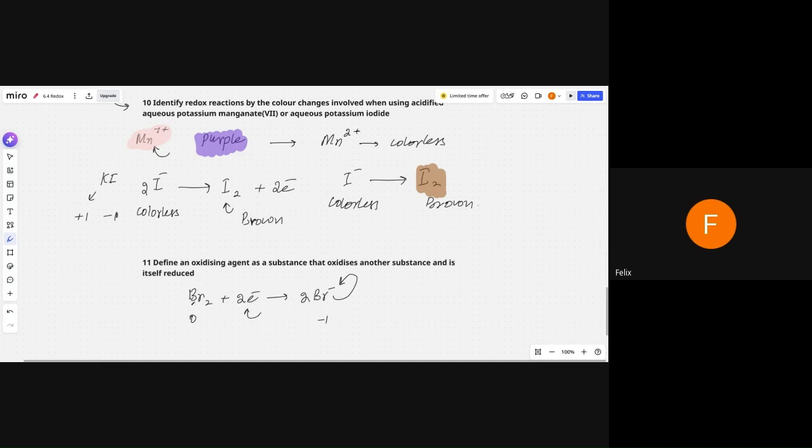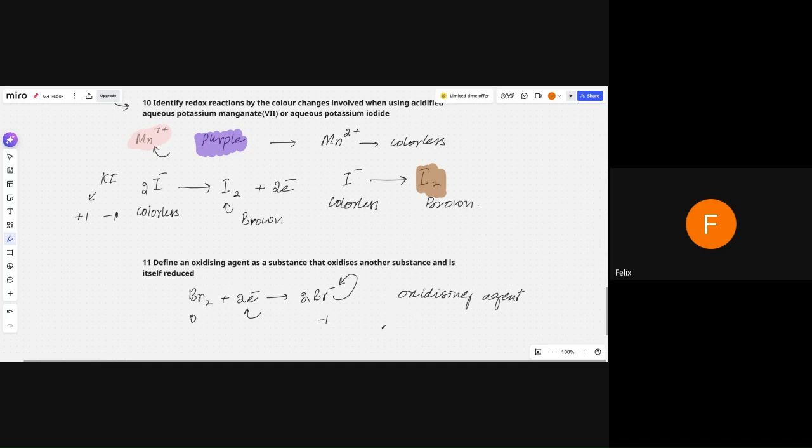So bromine helped that other species to become oxidized. We call this an oxidizing agent because it is reducing itself and helping the other species to become oxidized, to lose electrons.